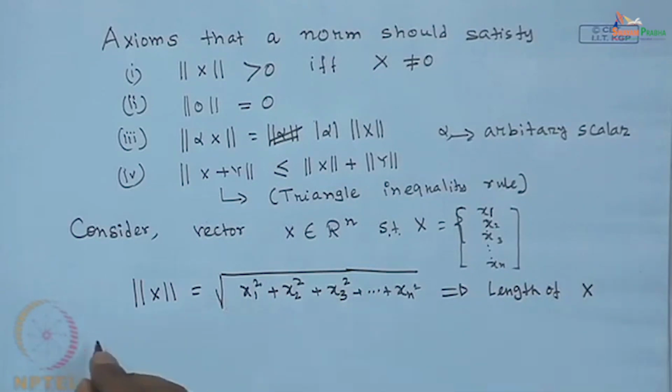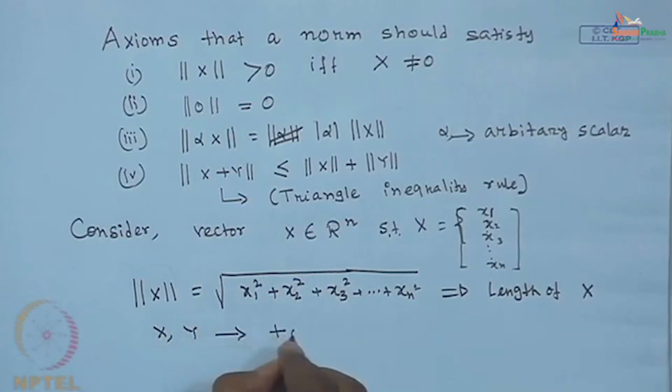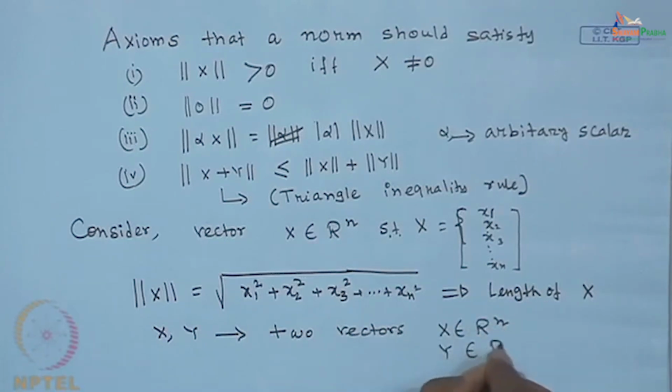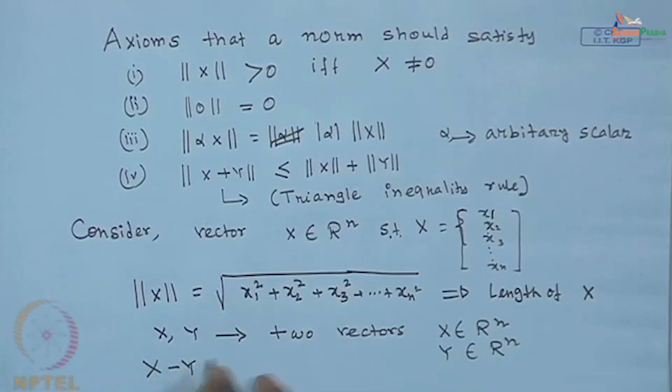Now, if we look into another vector, let us say x and y are two vectors, each of them belonging to the n dimensional real space, that means x belongs to n dimensional real space and y belongs to n dimensional real space. Then we define a vector x minus y.